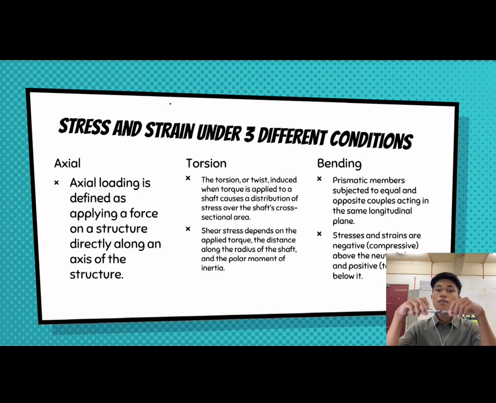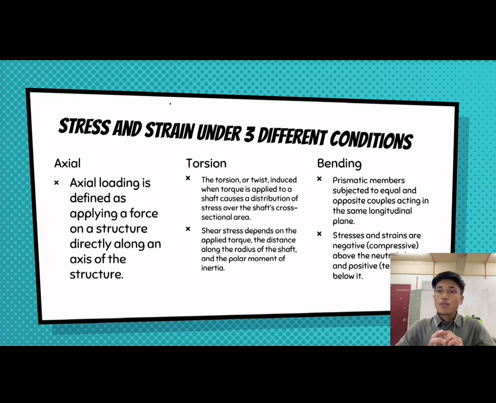So torsion is like when we have a shaft and twist it in different directions like this, so in this sectional area it will have a stress, and we will calculate the stress in this area.